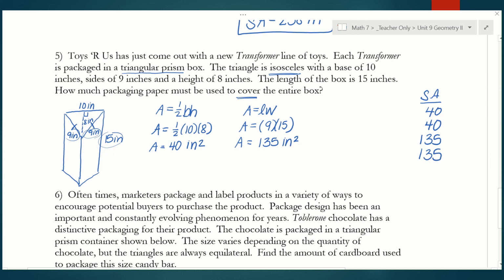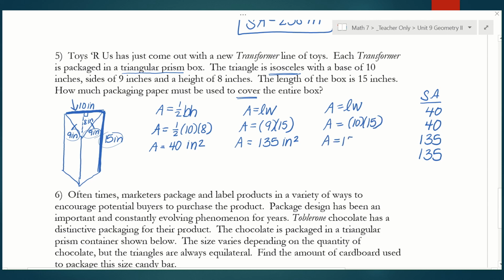Okay, so the last side, kind of the side I can't see, is in the back. So this side back here, I'm going to look at as a length and width of 10 by 15. Okay, so that's that back side.